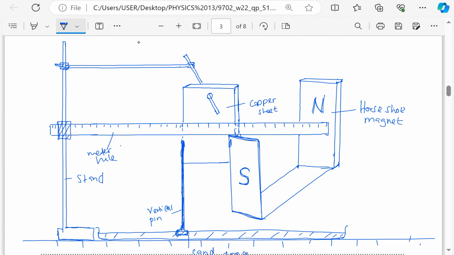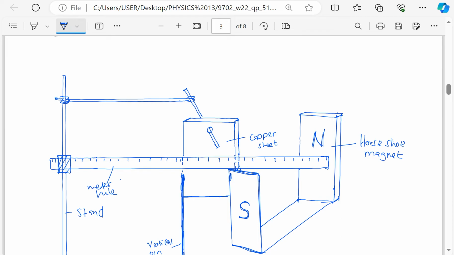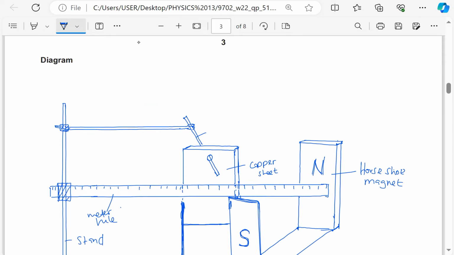Then this is going to be a thin, smooth metal rod, which goes through a hole here. It should be smooth because we need free oscillations.